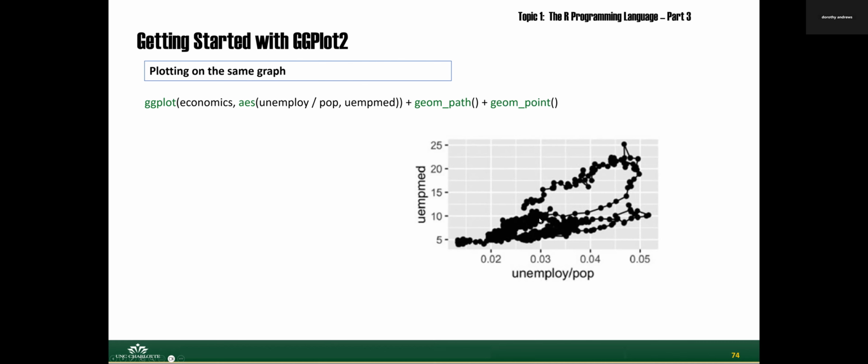The most important thing is that the line connecting these dots is a path. It's a path that is chronological. It's not like we took a graph and tried to connect all the dots from left to right.